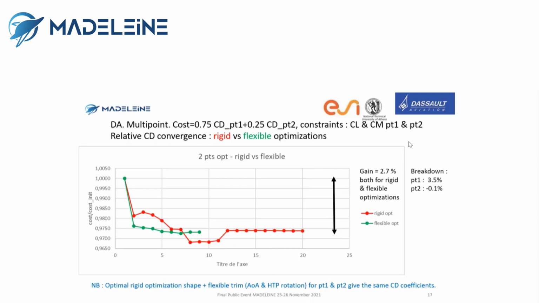I think it's a good point to do that in order to show that if you have more flexibility, it's mandatory to perform optimization using flexible gradient. This will be detailed in the next presentation.